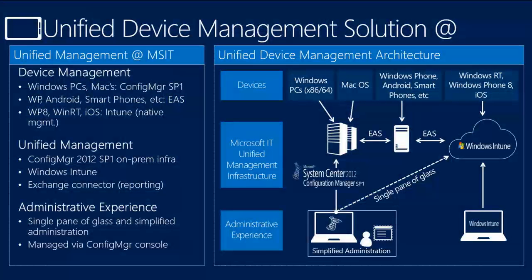From an administrative perspective, nothing changes for us. We're still using the Config Manager SP1 admin console. We're not having to log into the Intune account portal or the admin portal to manage anything, so that's a big plus for us. From an infrastructure perspective, we didn't have to set up any roles for these devices. We didn't have to set up anything in the DMZ or internet facing.